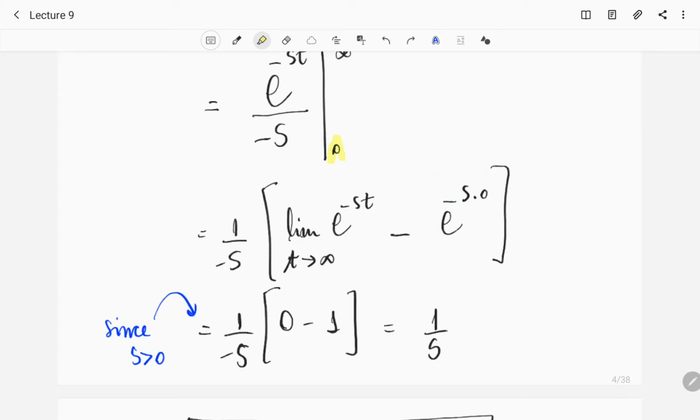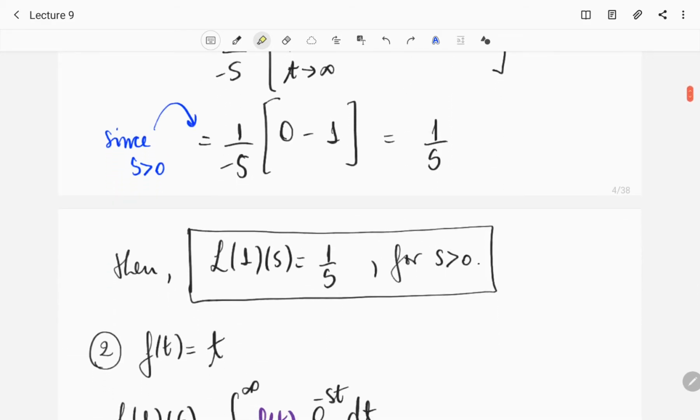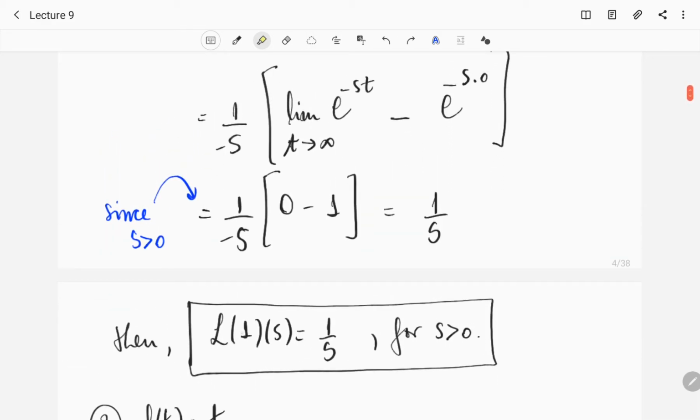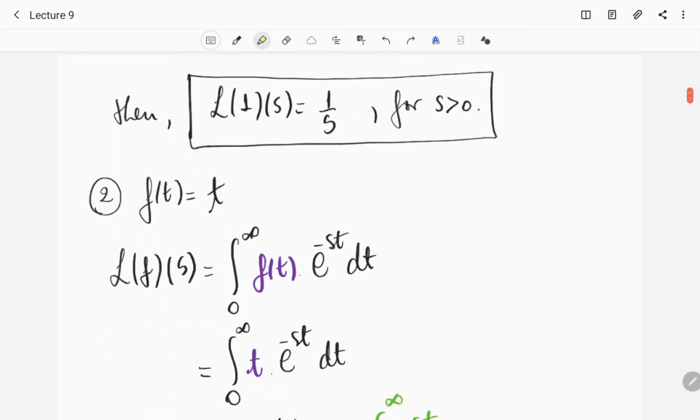So what we have here is 1 over s. And we just computed our first Laplace transform. The Laplace transform of the function that is all the time 1, at s, is just 1 over s for s positive.